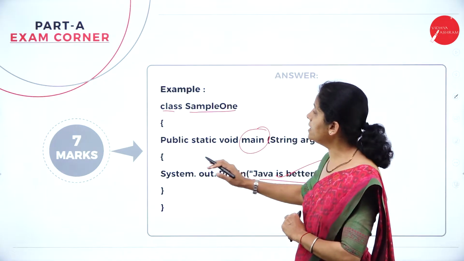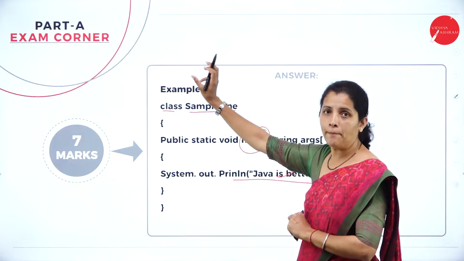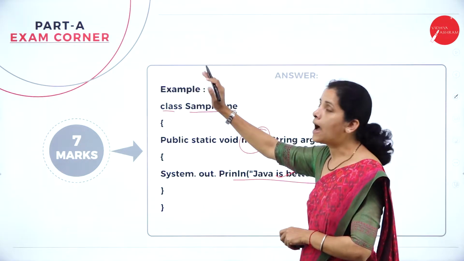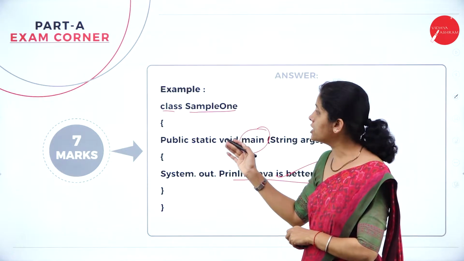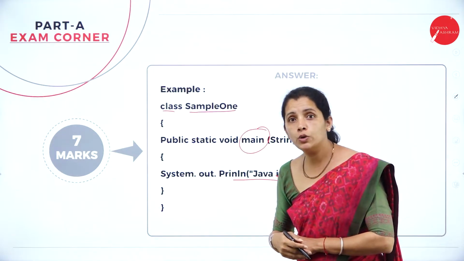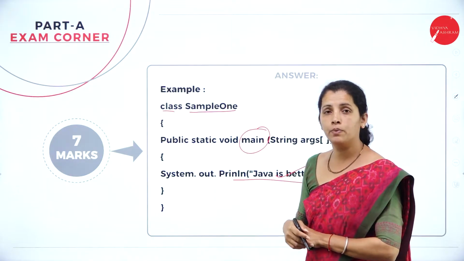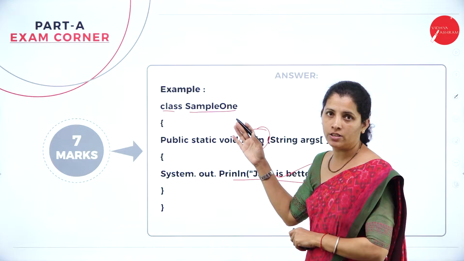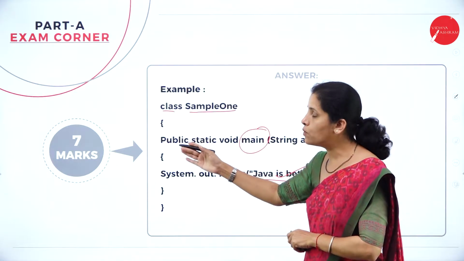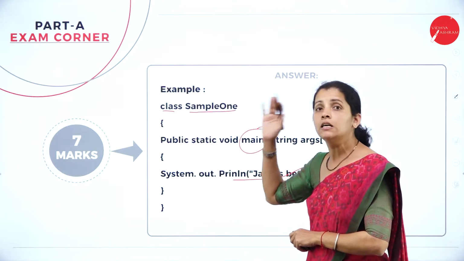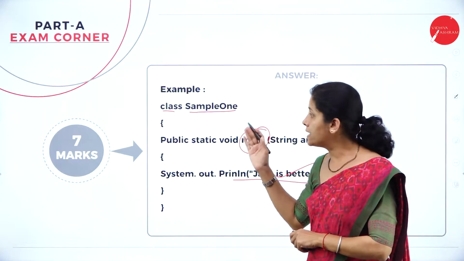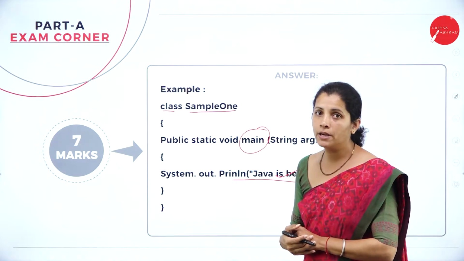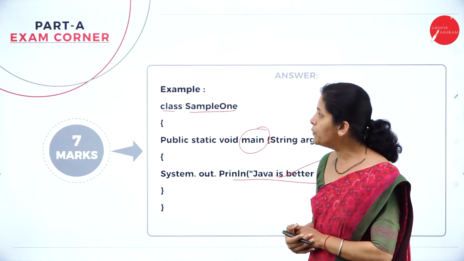So dear student, you have to import packages. Then if you have any documentation section, there you're going to write the comment about the program. Then you have package. So this is the simple program. So dear student, this program and this question is very important from the examination point of view.